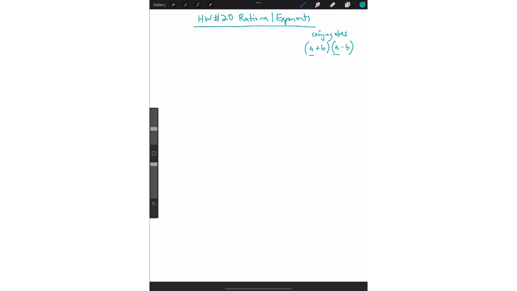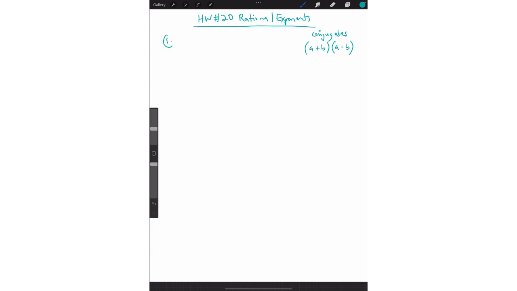Notice that the a's are the same, the b's are the same, but then you have an opposite operation in the middle, okay? Those are conjugates. So the directions have asked me to multiply each pair of conjugates.